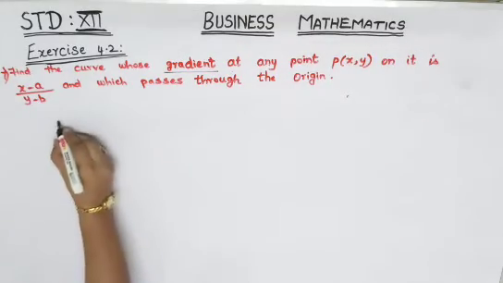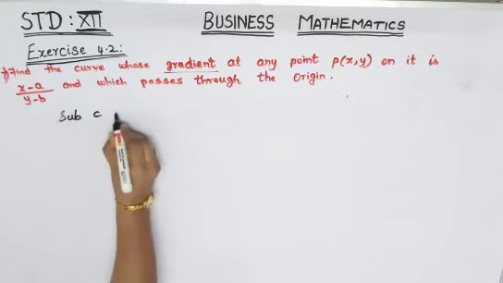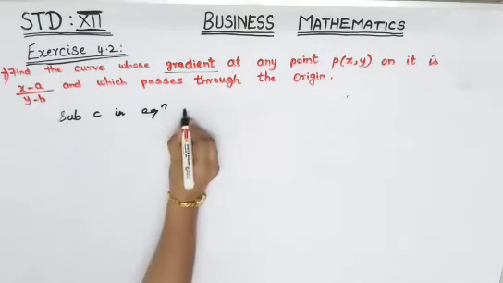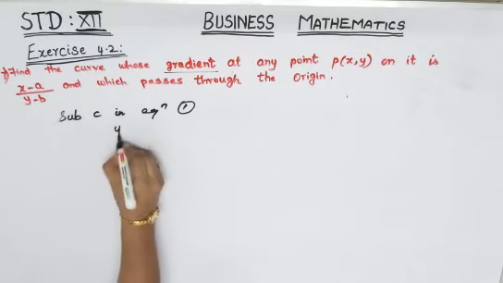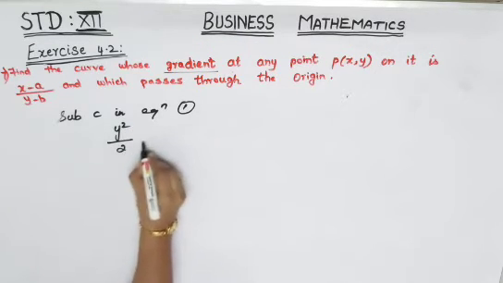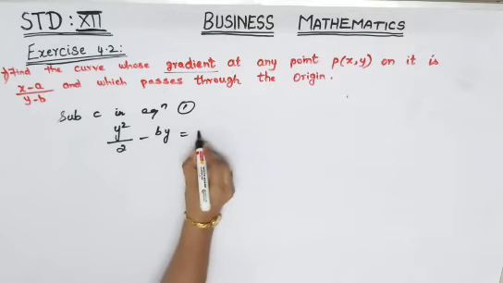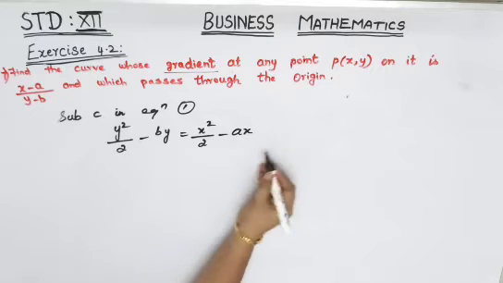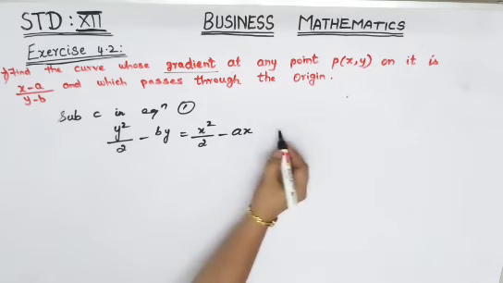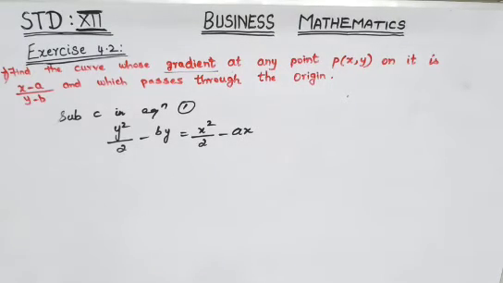Substituting c equal to 0 in equation 1, what we get is y square divided by 2 minus by is equal to x square divided by 2 minus ax, because plus c is 0, so we can eliminate c.